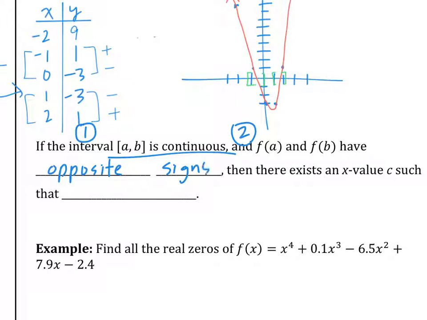So the y values have opposite signs. Then the conclusion is that there must be an x value c so that f of c is equal to 0. So it will cross the x-axis.